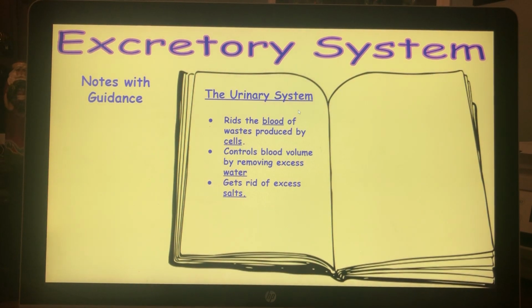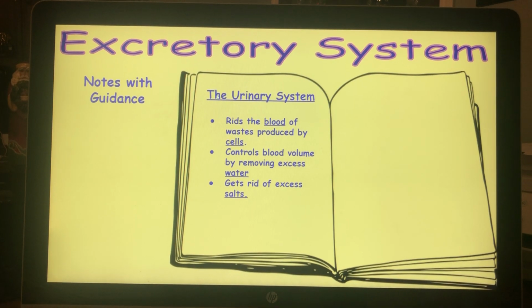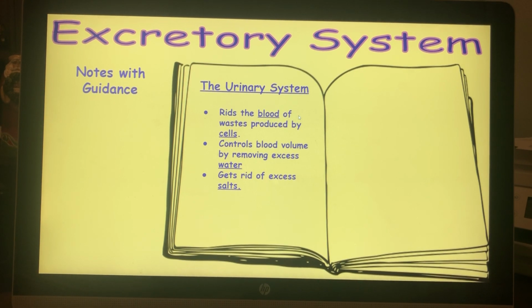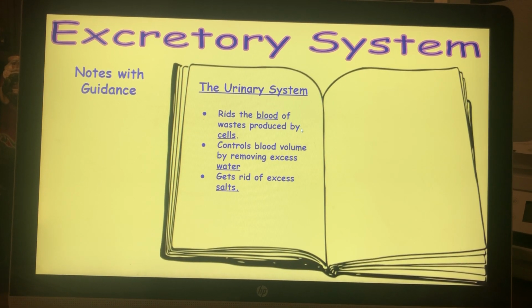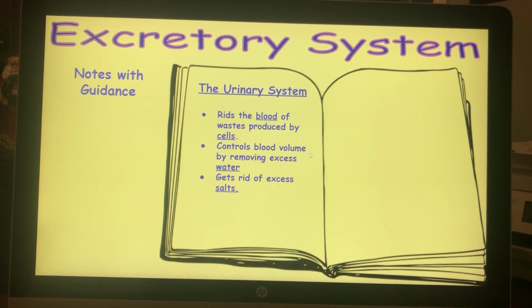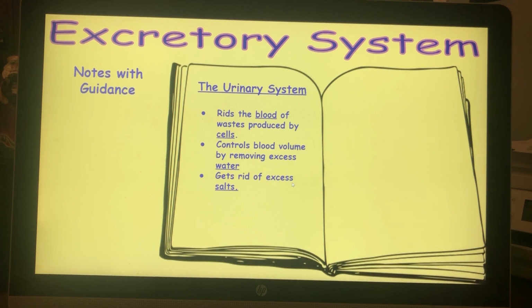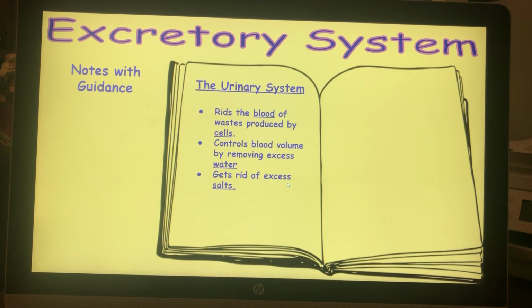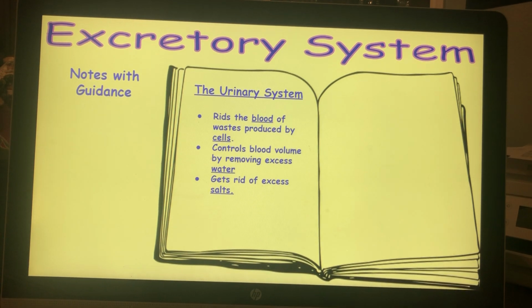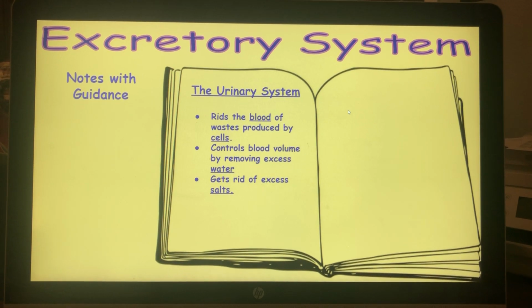For an entry in your note system, this time I want you to label at the top the urinary system. You need to write down, rids the blood of waste produced by cells, controls blood volume by removing excess water, and gets rid of excess salts. Please feel free to push pause if you need some extra time, and then resume play when you're ready to move on.